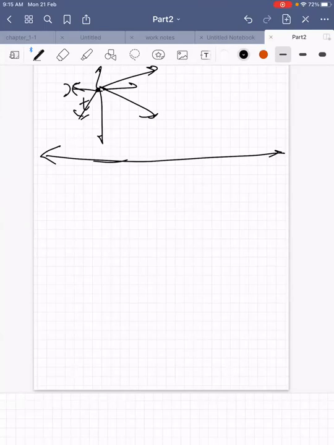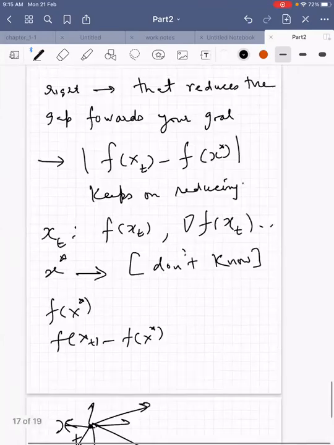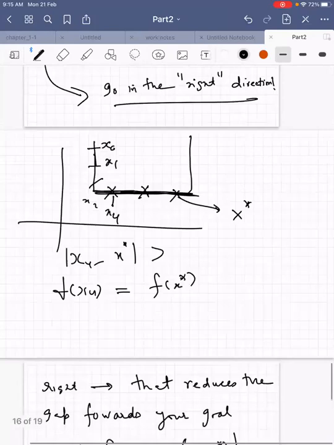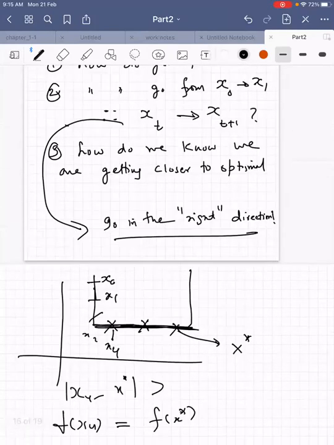They've given a correct answer to this question: what is the meaning of right direction? Go in the right direction. They're saying that when I go from xt to xt plus 1, go in that direction where the rate of decrease of function, not rate of change of decrease, sorry.